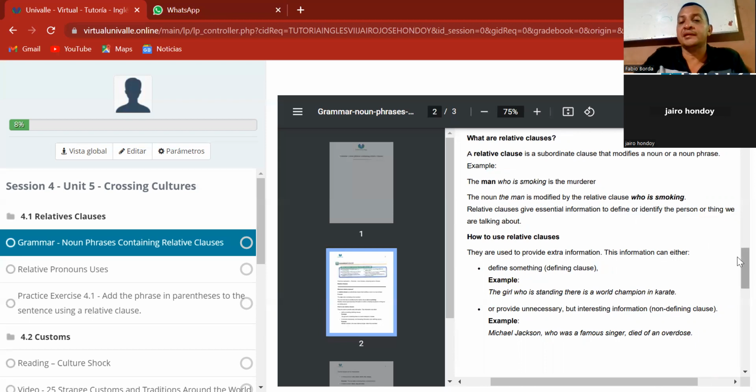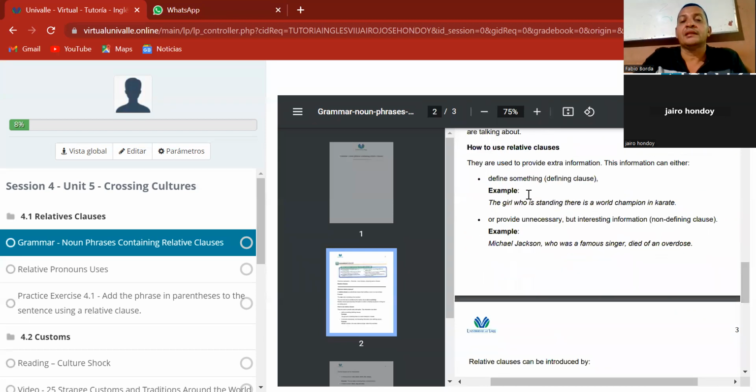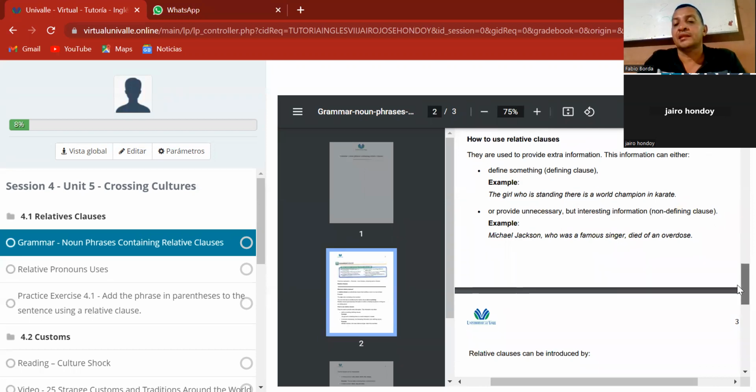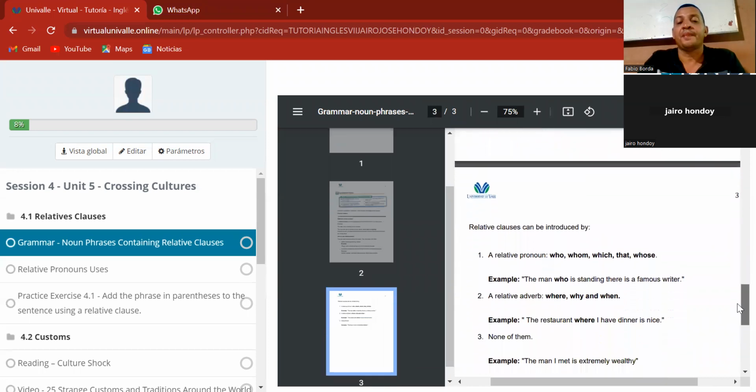How to use relative clauses? They are used to provide extra information. This information can either define something or not, defining and non-defining clauses. Example: the girl who is standing there is a world champion in karate. Example: Michael Jackson, who was a famous singer, died of an overdose. That was something sorrowful.